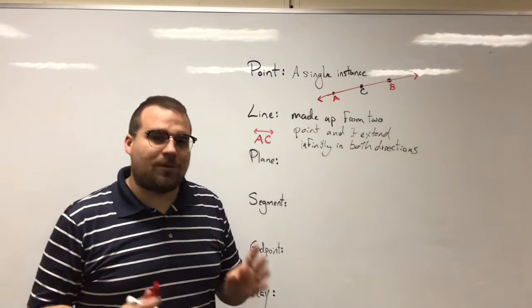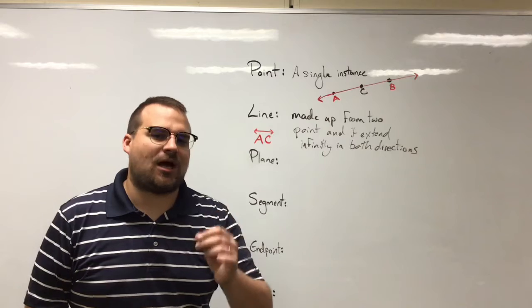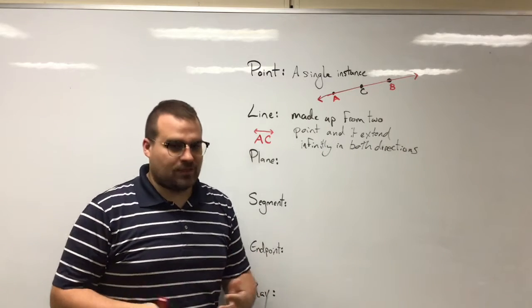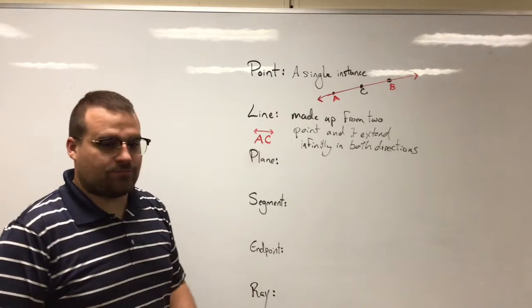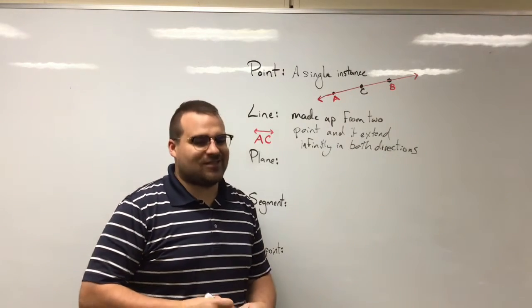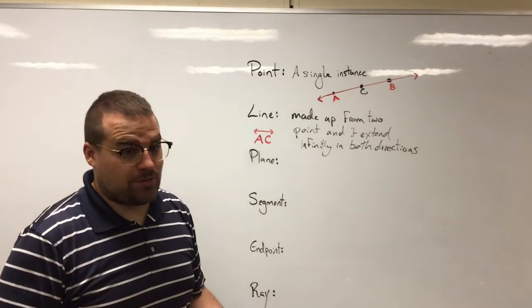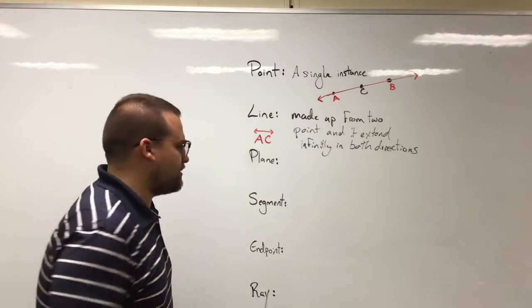I'll be honest with you, a plane is probably our most complex topic of these 6. However, in sense of what you need to know in a geometry class, it's probably the least important. So if it's a little hard to grasp, you're not alone in that, and don't get too stressed out about it.